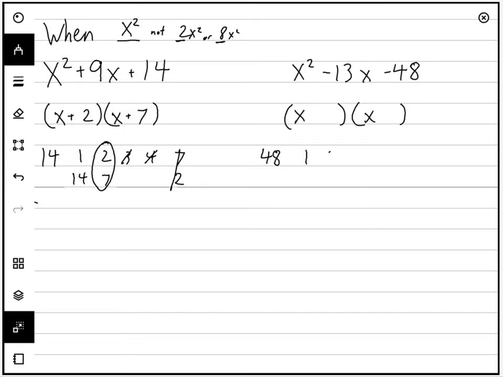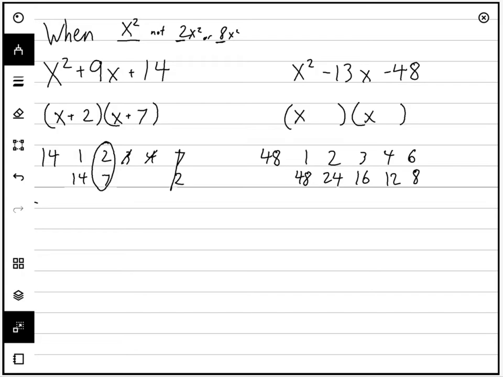So let's do 1, 2, 3, 4, not 5, 6. Let's stop there for now. So 48 divided by 1 is 48, divided by 2 is 24, divided by 3 is 16. Yep. Divided by 4 is 12, 6 is 8. Okay.